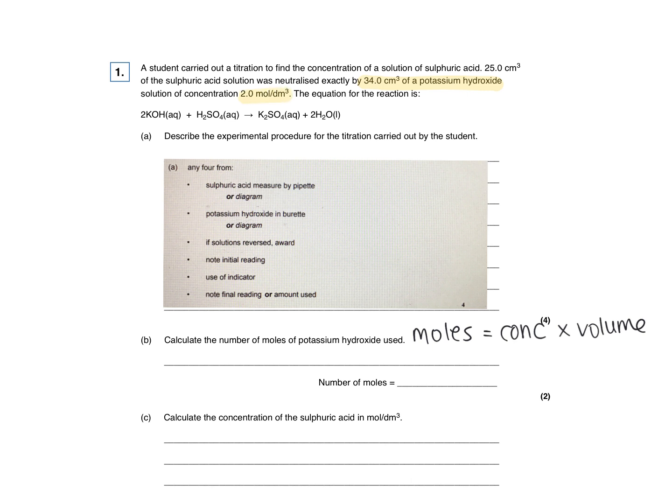But first of all, we need to convert cm³ to dm³, and we do this by dividing by 1,000. So here we have our dm³, and we're going to multiply it by our concentration, which will give us an answer of 0.068 moles.